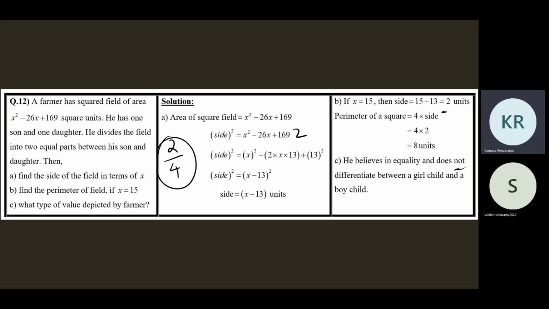This one, the perimeter is incorrect, and you have written shares equally. You should be more clear. So the second part is incorrect. That is the perimeter. C is also not very accurate. And the first part you got it right.